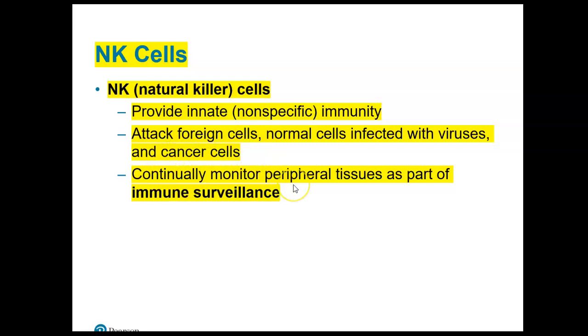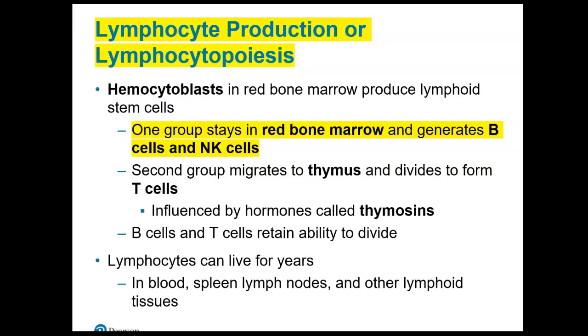So they're continually in the bloodstream monitoring our tissues. We call that immunological surveillance. So that's the role of NK cells. They do attack and destroy, but it's not to anything specific. It's just anything they recognize as foreign.